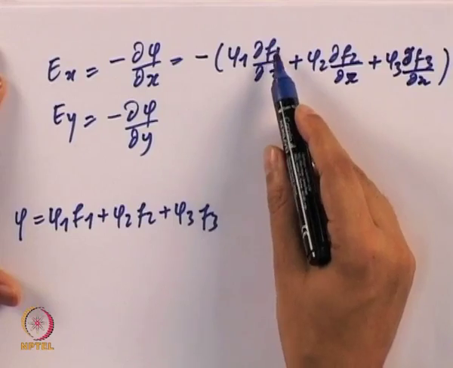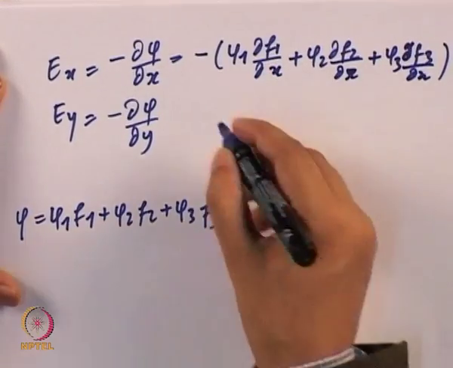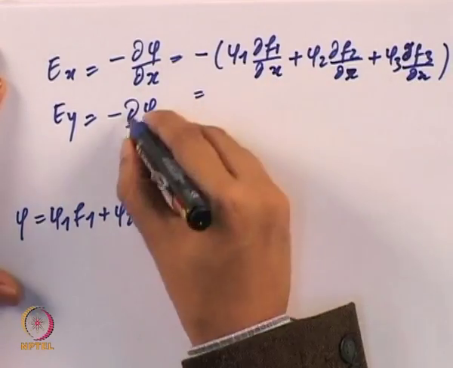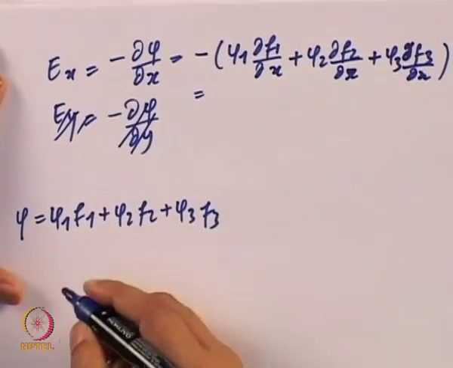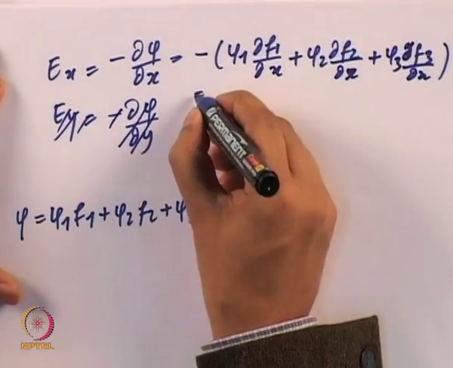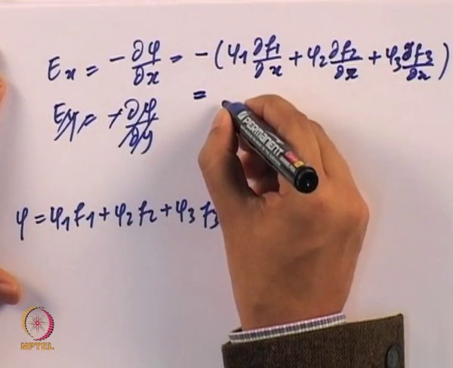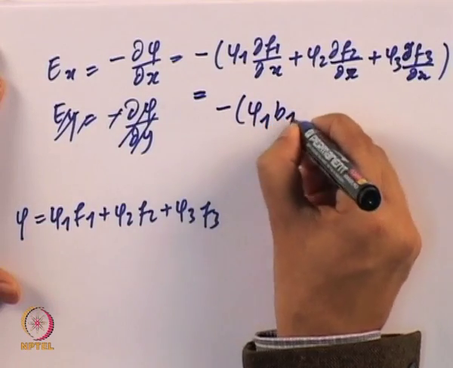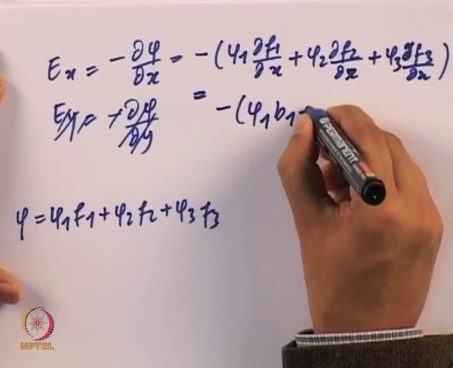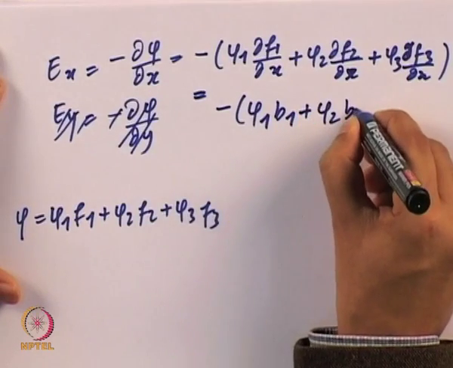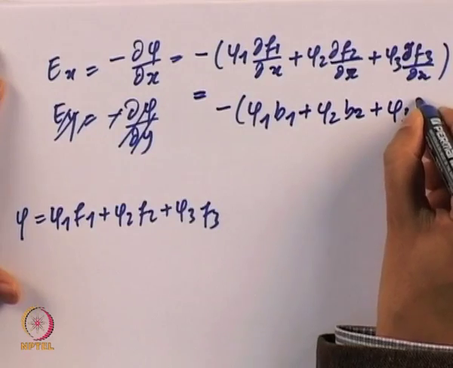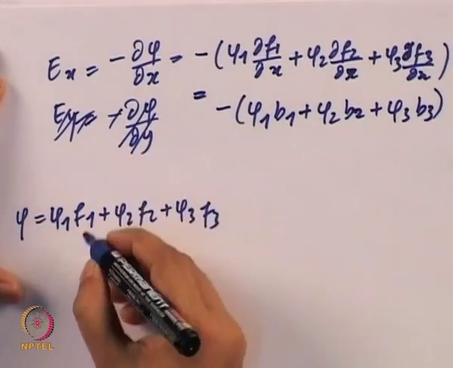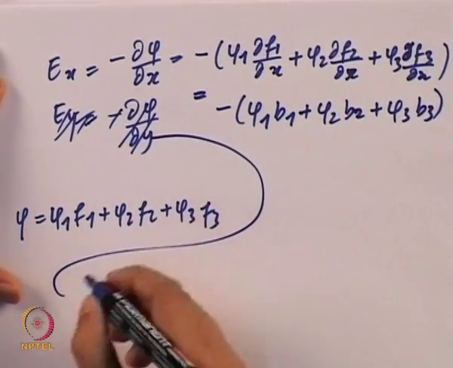Knowing the values of f1, f2 and f3, I can write them in a simplified form, which is equal to minus phi 1 b1 plus phi 2 b2 plus phi 3 b3.